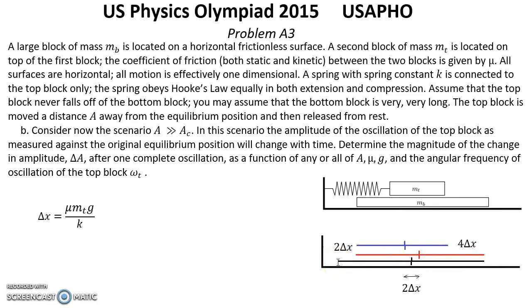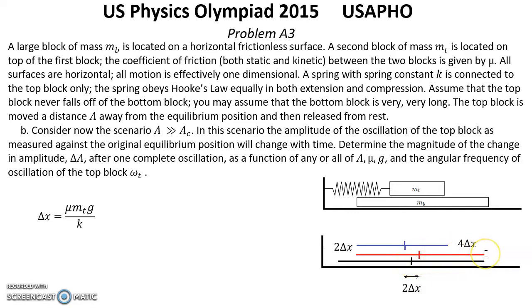But if we have a force of friction, which is acting most of the time on the top block, the position of equilibrium is shifted by distance dx, which can be found from this equation. dx equals force of friction divided by constant k. And this position is shifted to the right from the original equilibrium position.